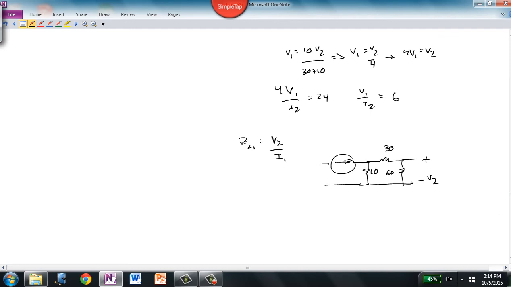For this one, I'm going to use a similar technique. I can determine what the output voltage here is, again, by a voltage divider.